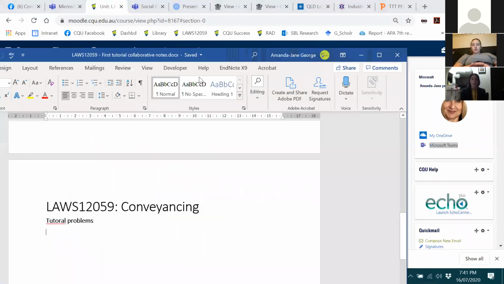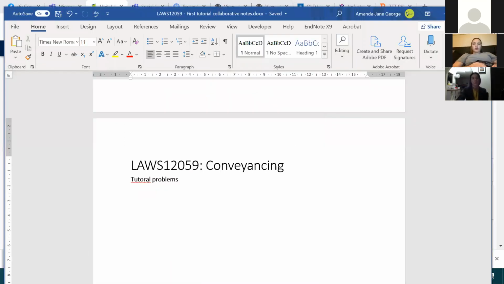Now, in terms of the first tutorial, let's have a wee looky. What the first tutorial problem asks is here. Let me just copy the text of that.